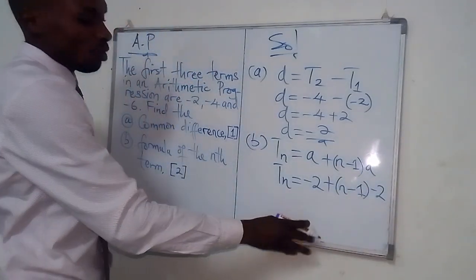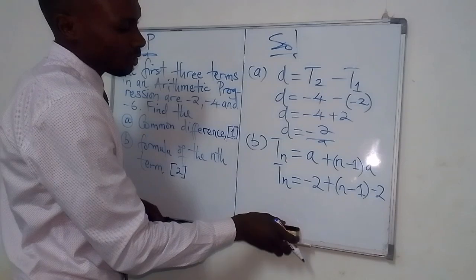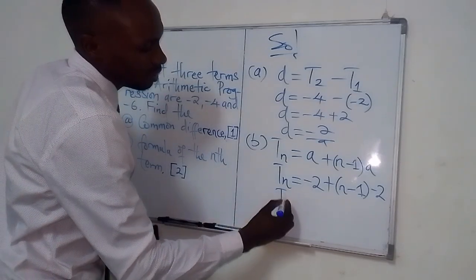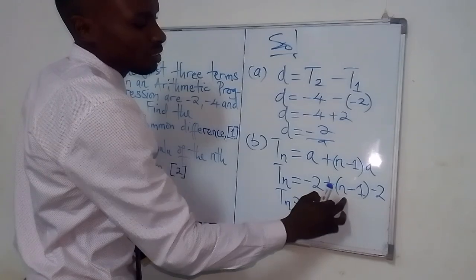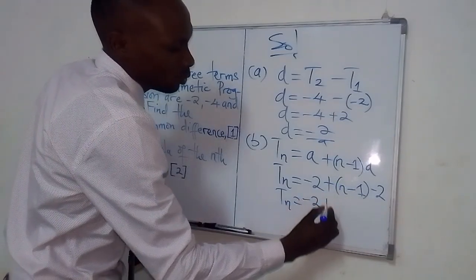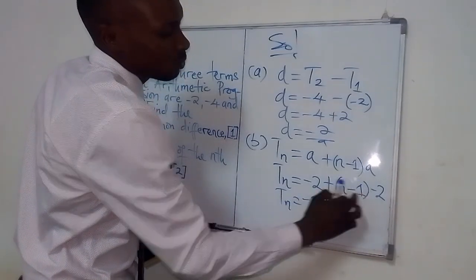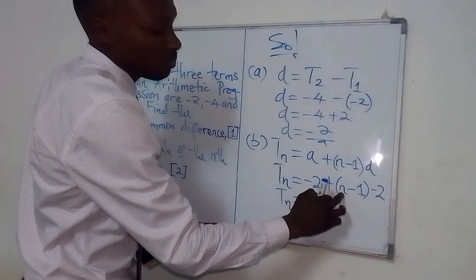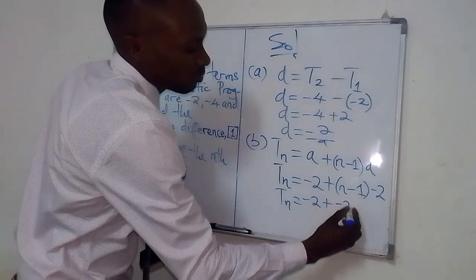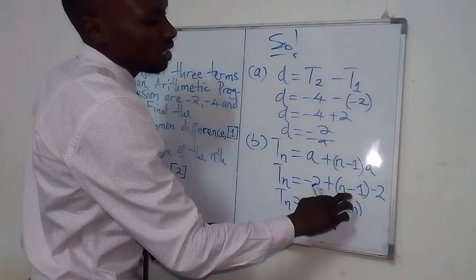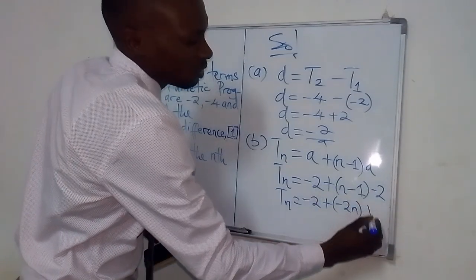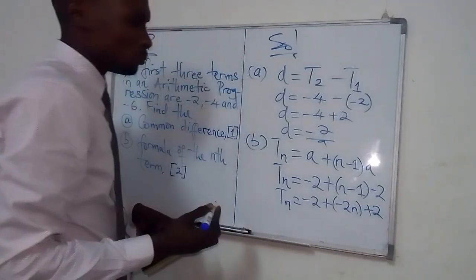So what are we going to write here? Tn equal to, this -2 is going to multiply with what is in brackets there. So -2 plus -2 times n. N is positive, so this will give us -2n. Then -1 times -2 is just +2.